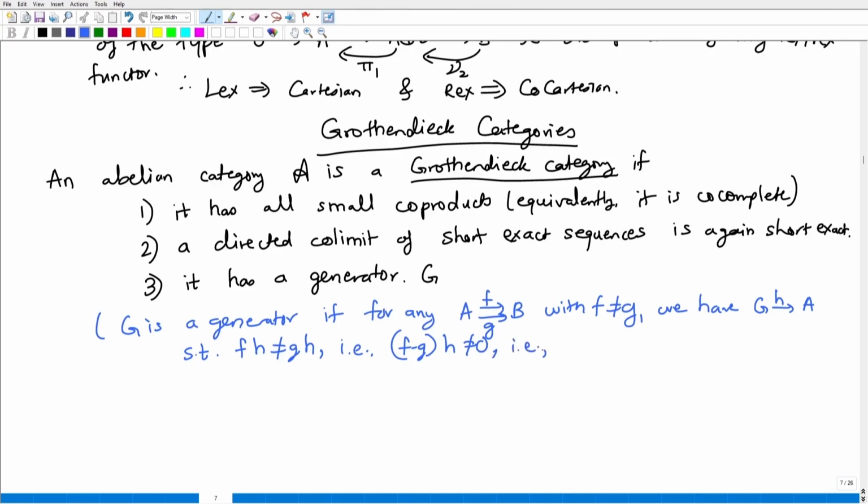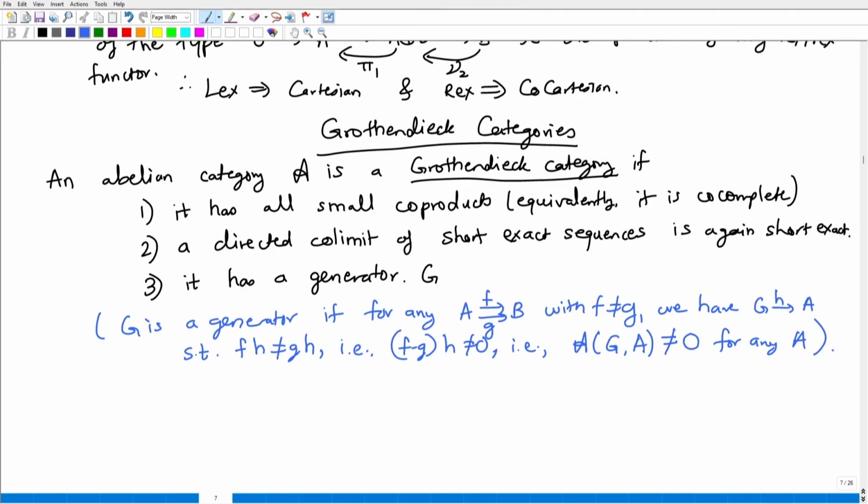In this case, it will turn out that the Hom(G, A) is non-zero for any A. Okay, so this is a transformed definition of a generator or a separator in a pre-additive category. Yeah, the Hom set has to be non-zero.